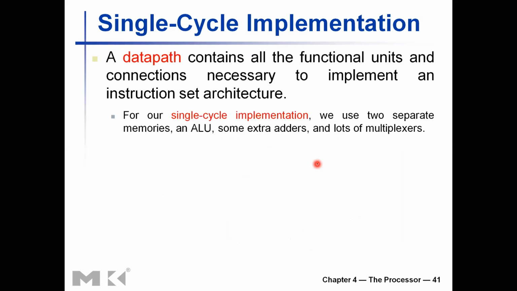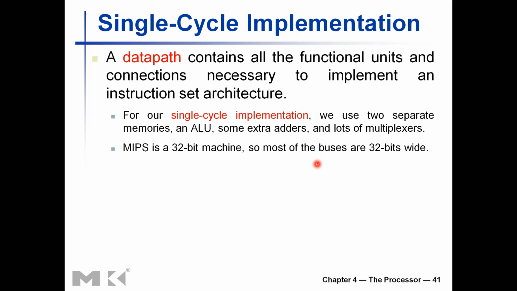For our single cycle implementation, we had two separate memories, instruction memory and data memory, one ALU, some extra adders in the instruction fetch mechanism, and lots of multiplexers to decide which input or output you need to drive forward based on the type of instruction we are dealing with. The MIPS CPU that we were implementing was a 32-bit machine, dealing with 32-bit operands. So most of the buses that we see are 32 bits wide.